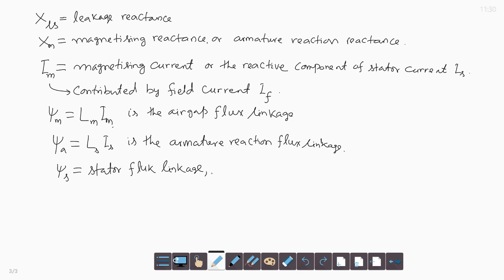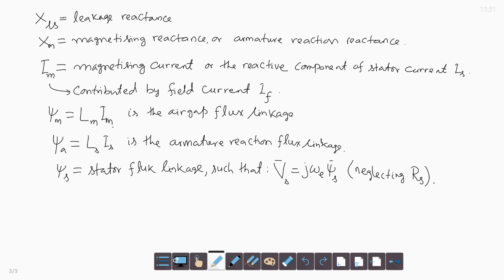Such that the stator applied voltage phasor Vs is j omega e psi s phasor. This is what we get if we neglect stator resistance Rs.